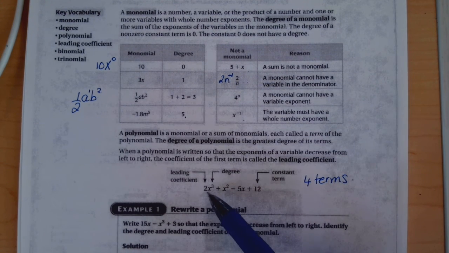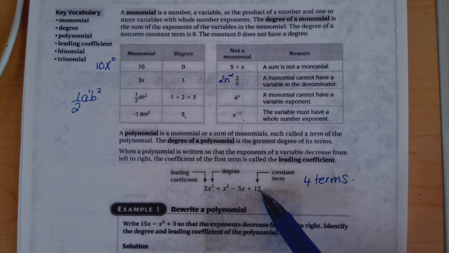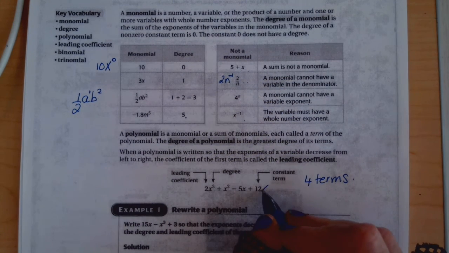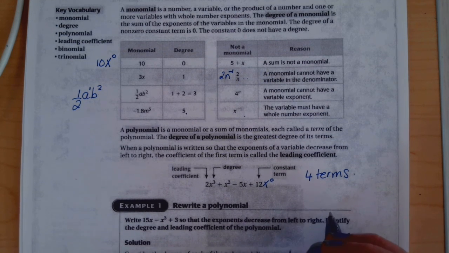So they put it in descending order because that's how they do it, with the highest exponent first. 2x to the 3rd plus x to the 2nd power, x squared, minus 5 times x plus 12. So remember, if we wrote this out, this has an exponent of 0, okay? So they always put it in descending order, 3, 2, 1, 0, and they call this just the constant term, okay?